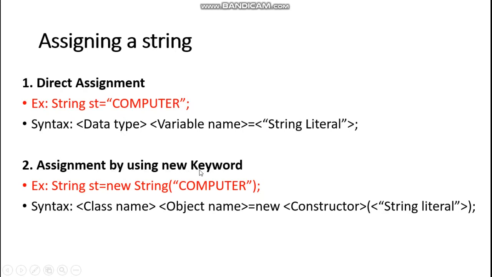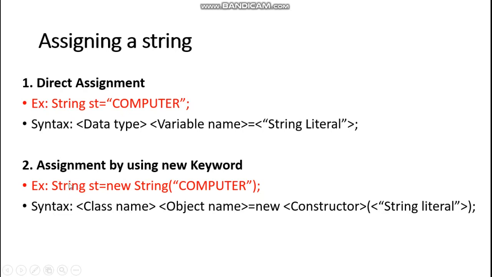You are already familiar with the Scanner class statement, right? So Scanner is a class name there. And by using the new keyword, we create an object, for example, Scanner in equal to new Scanner(System.in). There is a Scanner class and we are creating an object in, or any object name you can give, using the new keyword. So here also we can give the value of a string by using the class name.